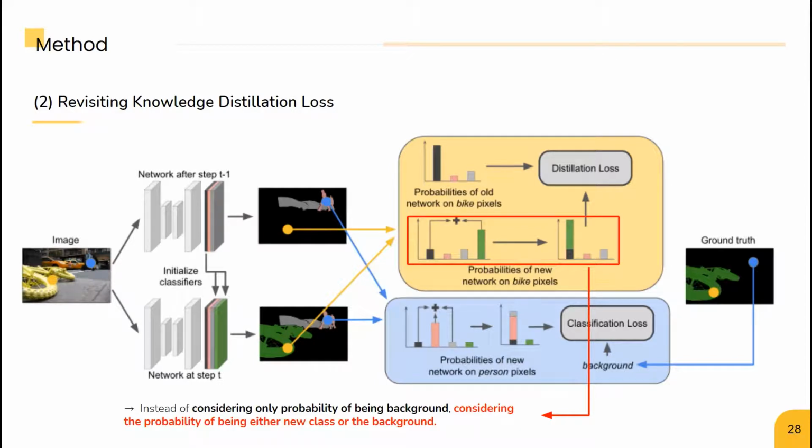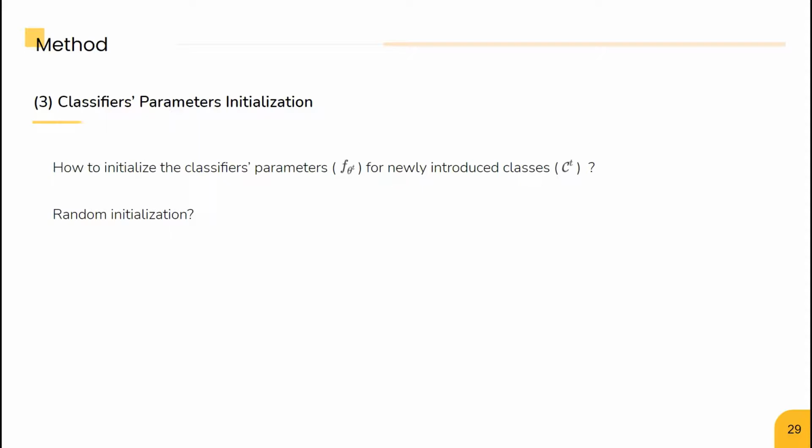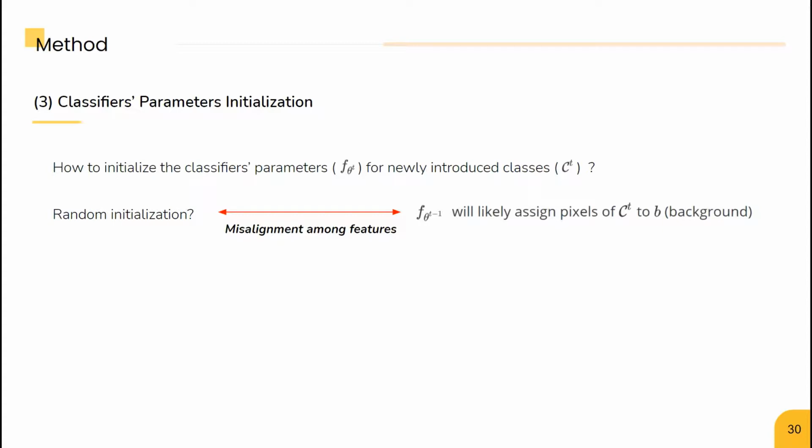So that's all for the training loss, but we also need to consider how to initialize the classifier's parameters for newly introduced classes. We could naively use random initialization, but it will induce misalignment among features since the model at the previous time step will likely assign pixels of newly introduced classes to background.